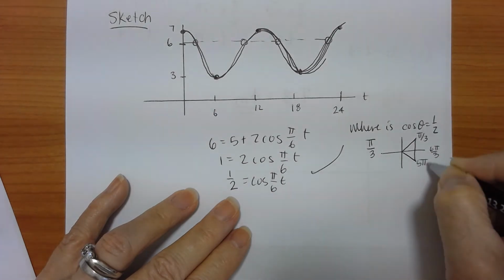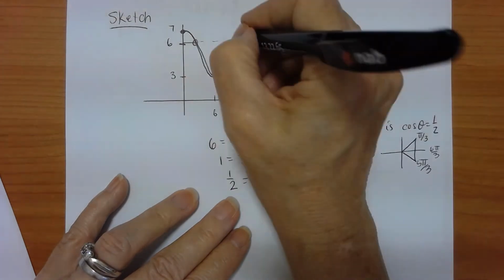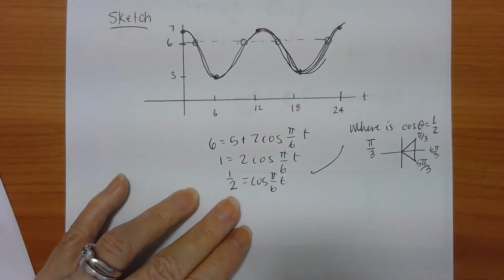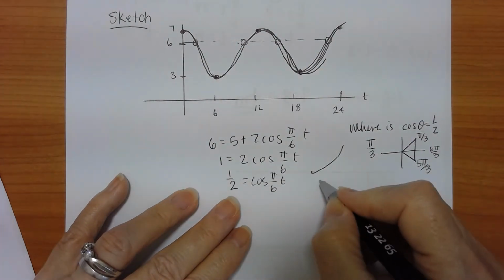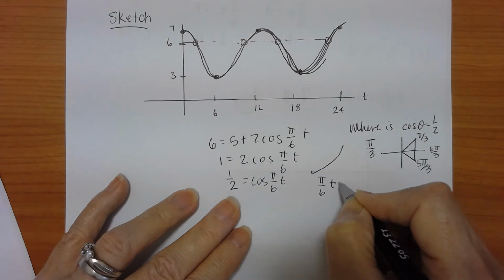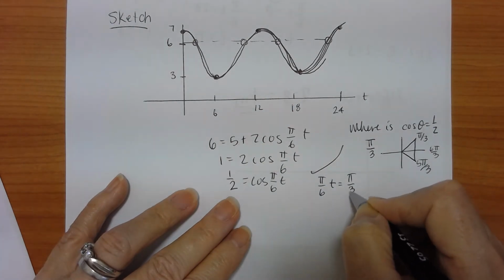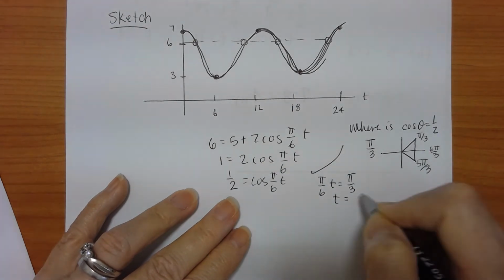So that'll help me get started with these first two, and then I can use symmetry to find the other two. So when you set pi/6 t equal to pi/3 and do the keep change flip, you get t is 2.